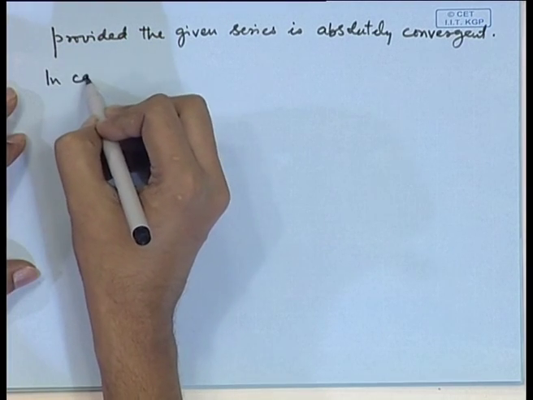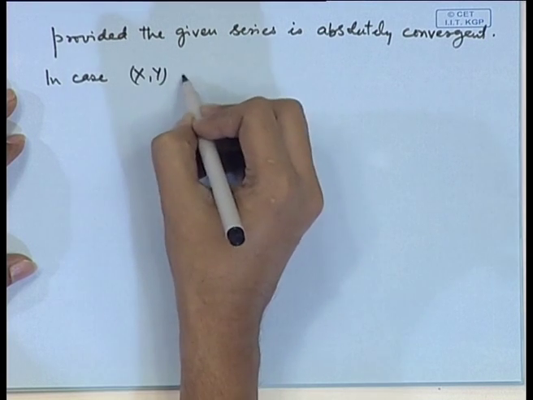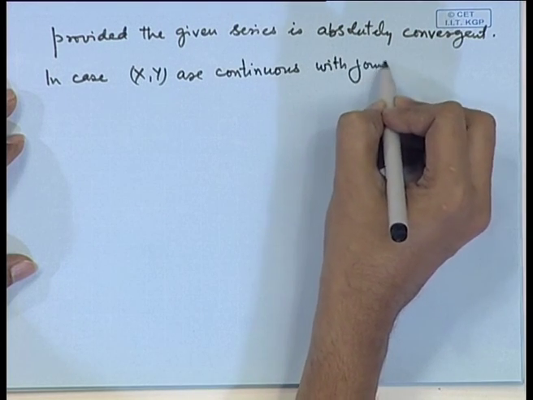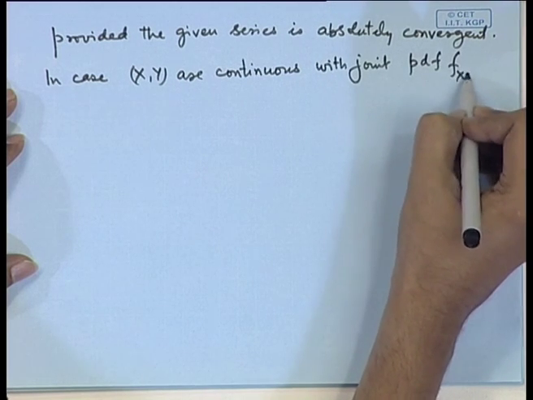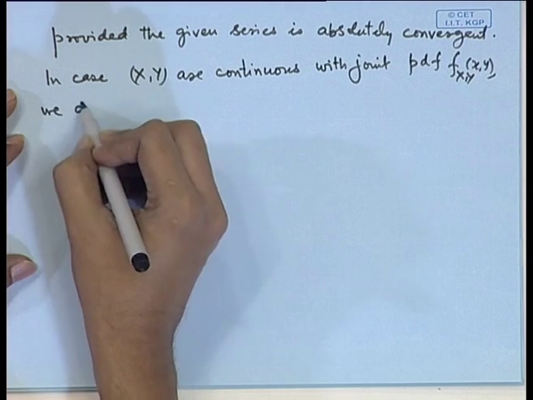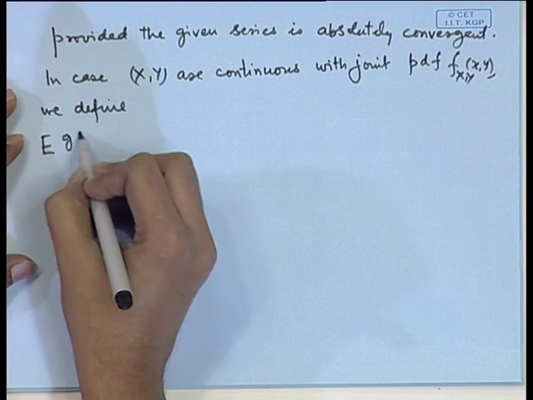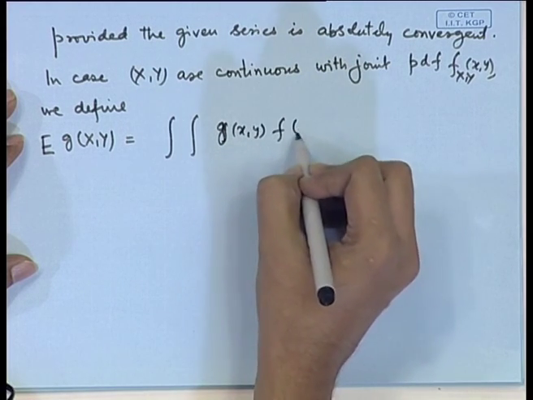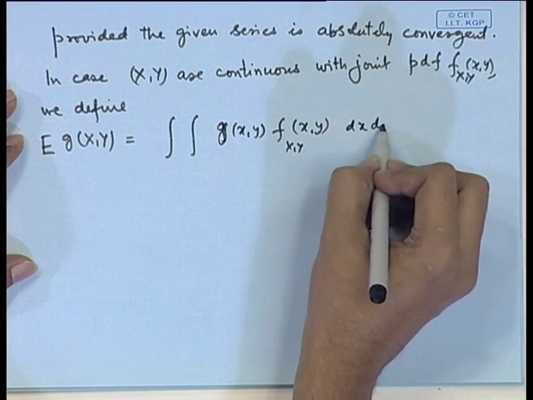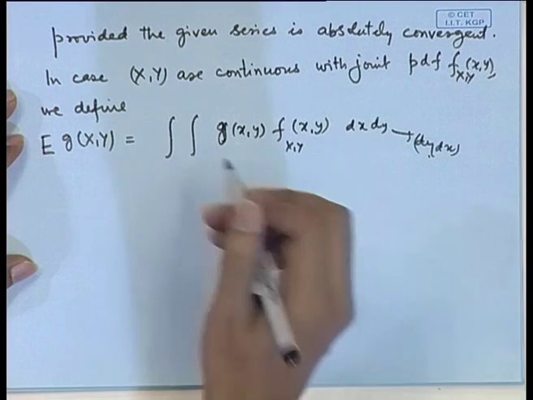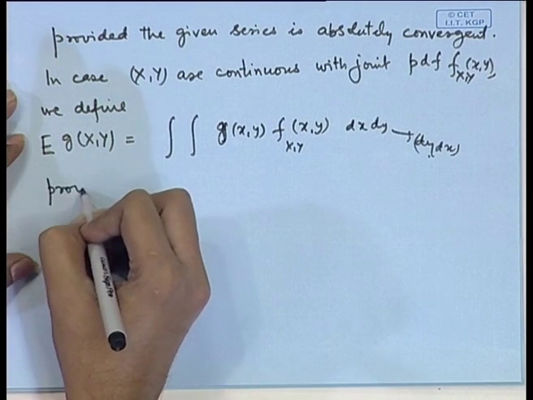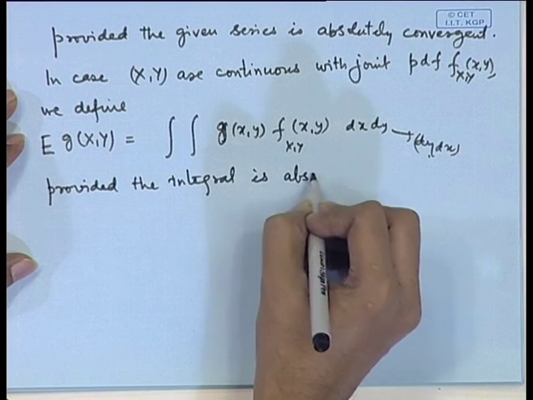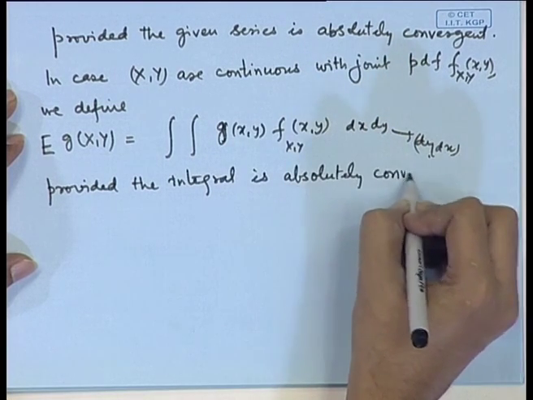In case X and Y are continuous with joint PDF say f(x,y), then we define expectation of g(X,Y) as the double integral of g(x,y) f(x,y) dx dy, or this could be dy dx also, provided the integral is absolutely convergent.